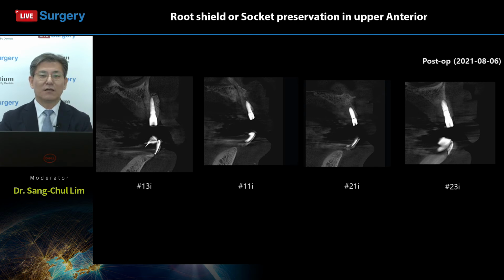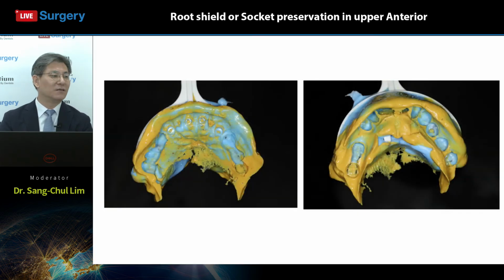Okay, and the scanner. After bite registration with the bite tray, the lower part, the opposite dentition, and the upper implant surgery site, and the bite are also automatically achieved. So one shot, 3 kills, a very effective bite registration technique.